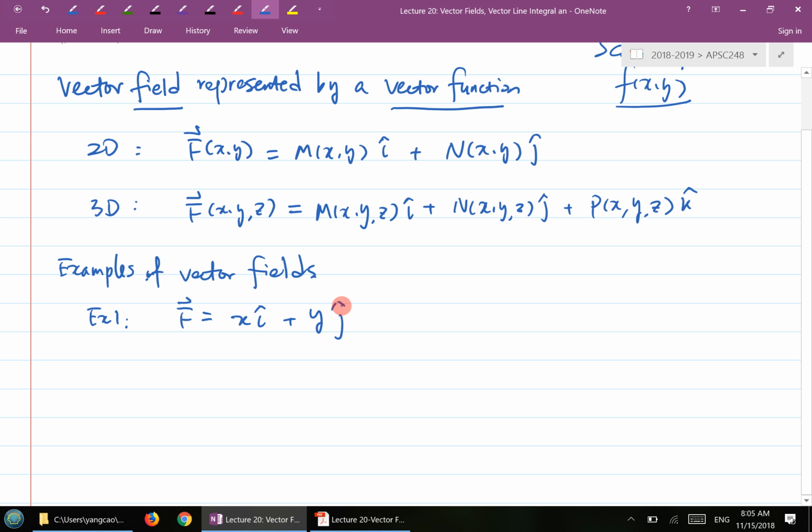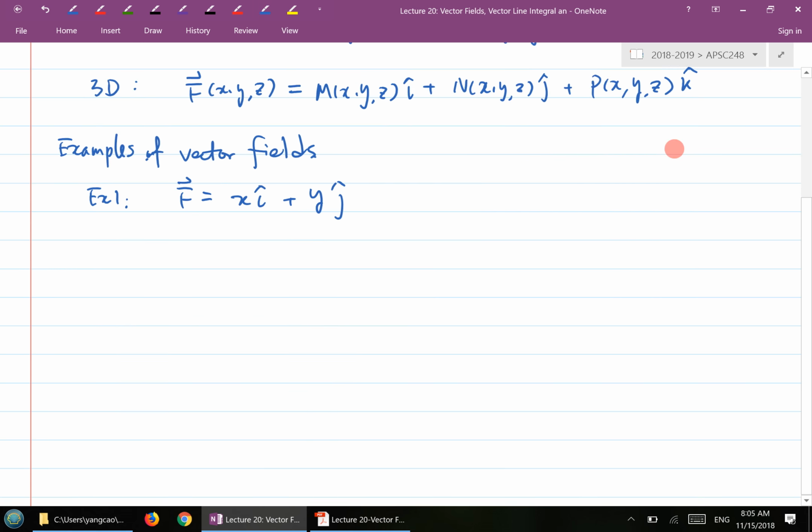That's a vector function. It's a 2D vector function. So how do we visualize this vector field? This is how we do it.